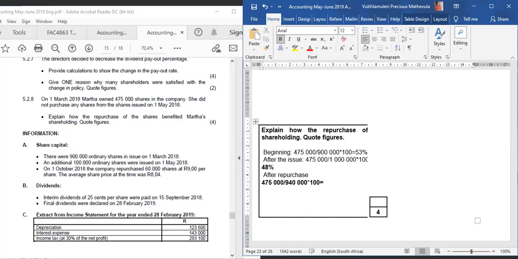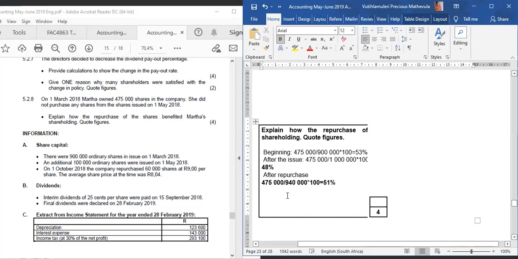So 475,000 divided by 940,000 times 100. That's 51%. So these are the calculations that you have to make, right?